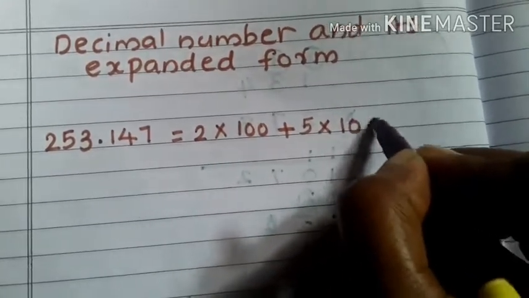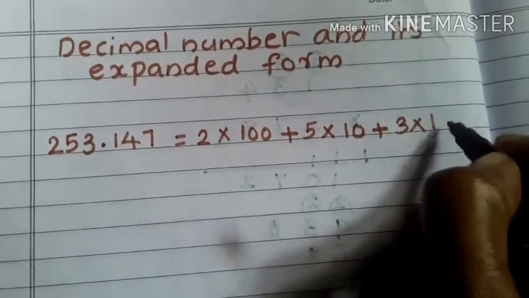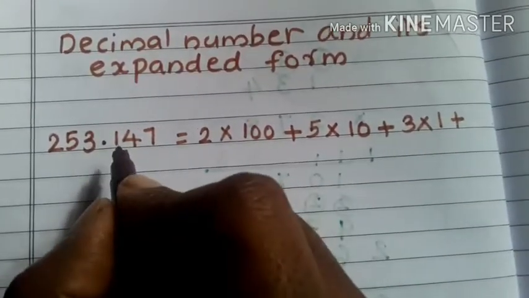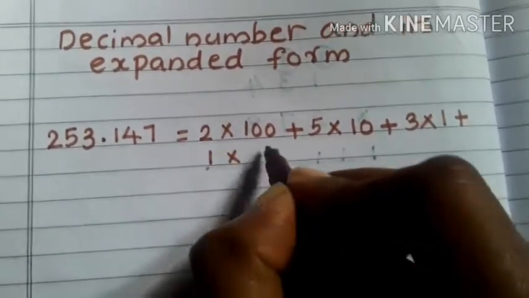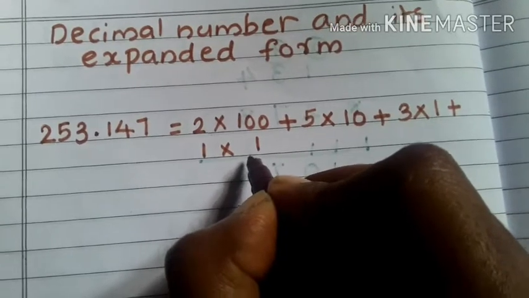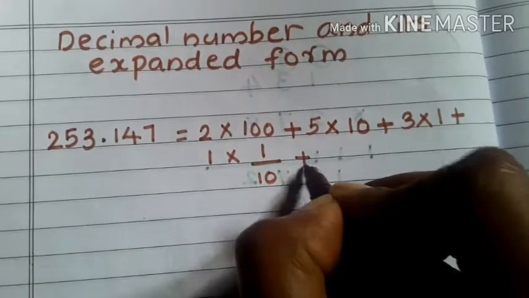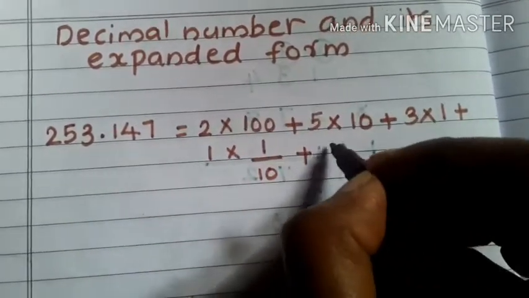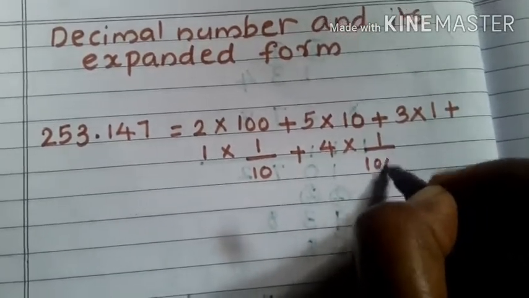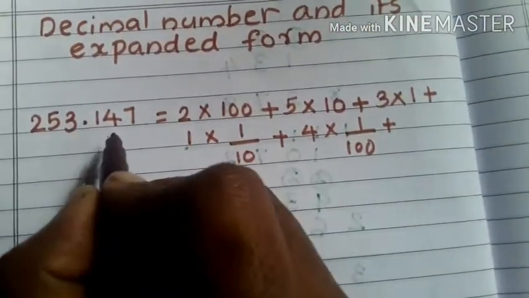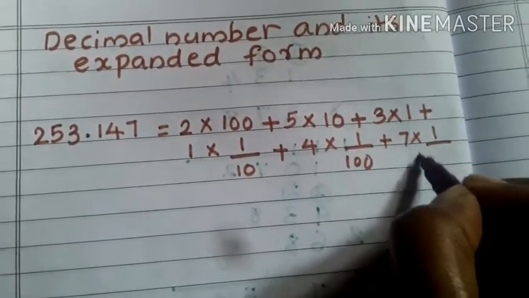Tens place, then 3 in ones place, then after the decimal 1 in 1 by 10, then the next number 4 in 1 by 100 place, then the number 7 in 1 by 1000 place.